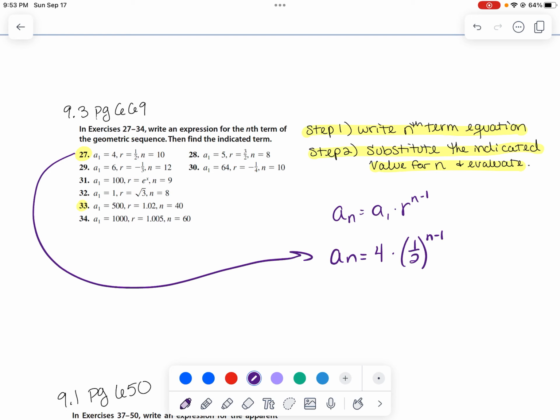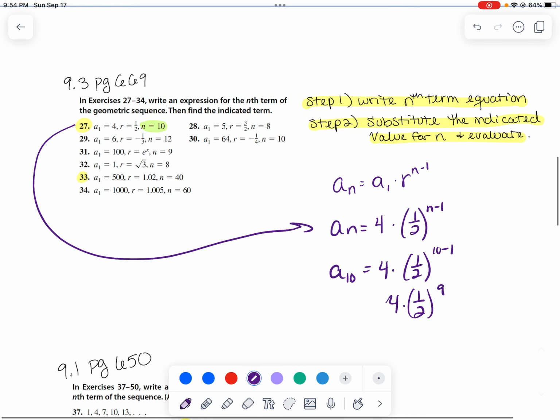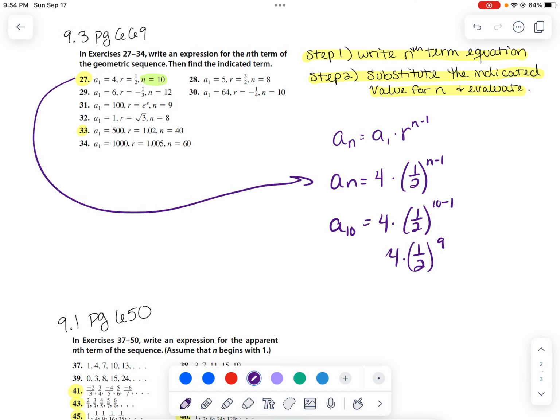And then it says find what we get when n is 10. So I'm going to find then a sub 10. So 4 times 1/2 to the 10 minus 1 power, or 4 times 1/2 to the 9th power. And I'm going to have to cheat here because I don't know what that is.